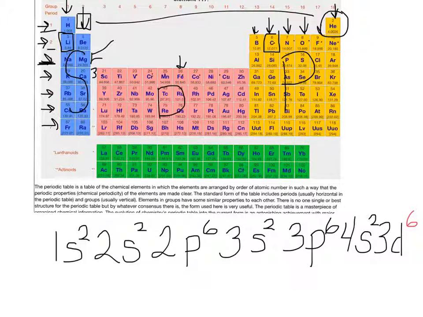Now, if you can do this one, you can do them all, I think. Because you could just keep going. Just remember to drop down when you go to the pinks. So let's do the absolute hardest one that you are going to have to do, which is 56, barium.